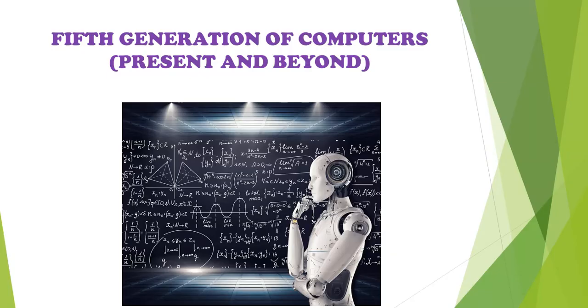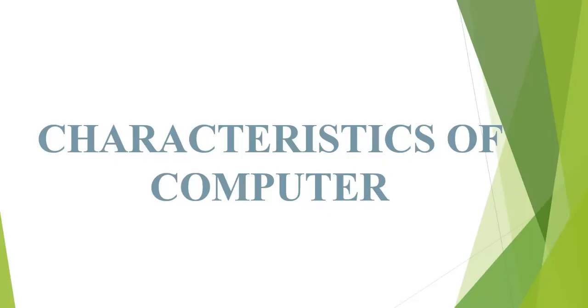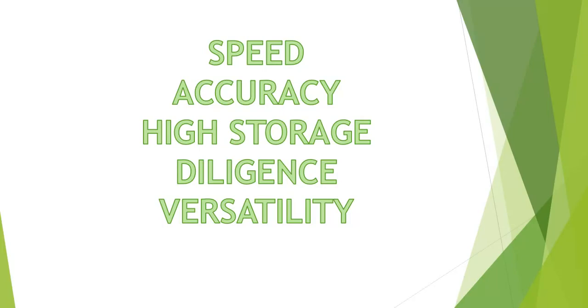So this is all about the generations. Now we have to know about the characteristics of computers, since we have talked about their development. First of all, a computer has speed, and you find the accuracy of it.